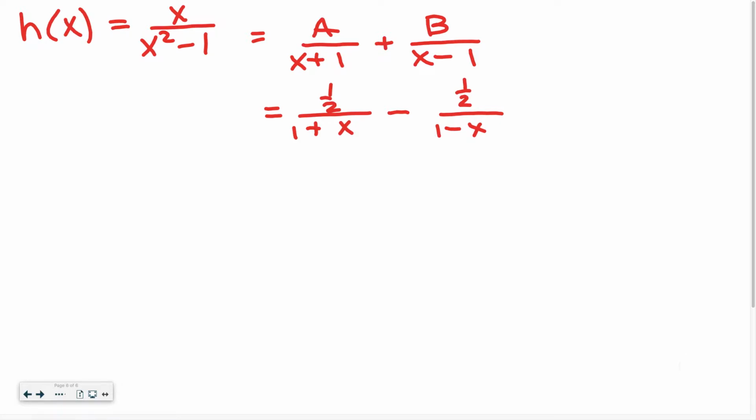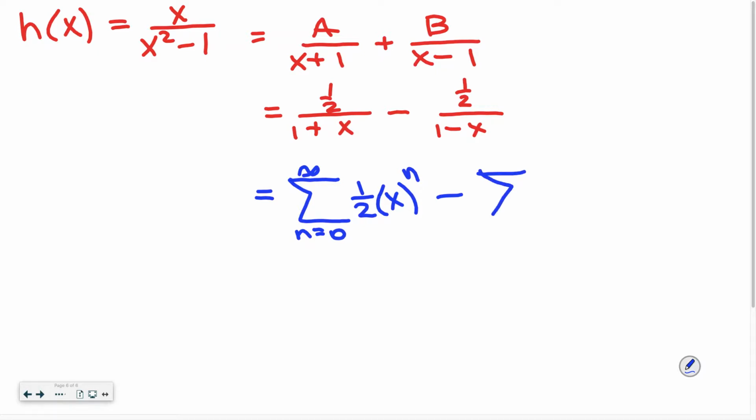Okay, so this guy is the series of 1/2 times x to the n. I'm not sure why I put it in parentheses there. And this guy is the series of 1/2, oh, this would be negative x to the n.